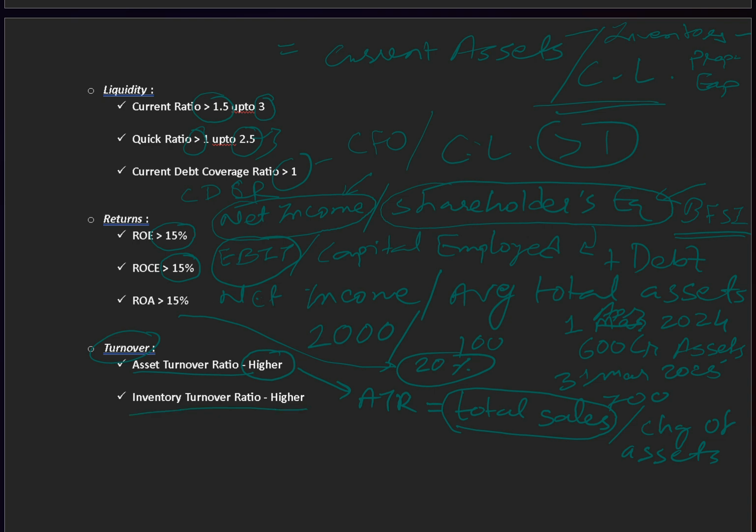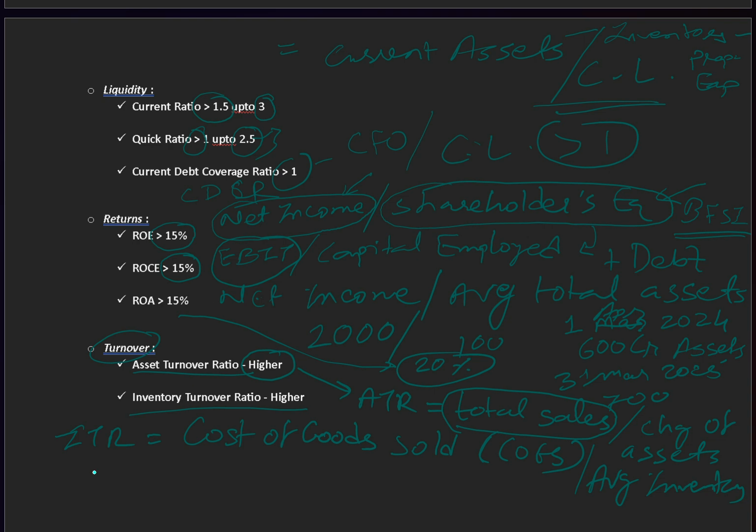Next is the inventory turnover ratio, ITR. And what is ITR? It's basically cost of goods sold, or famously known, if you have seen Shark Tank, COGS, divided by average inventory. Again, it should be higher.